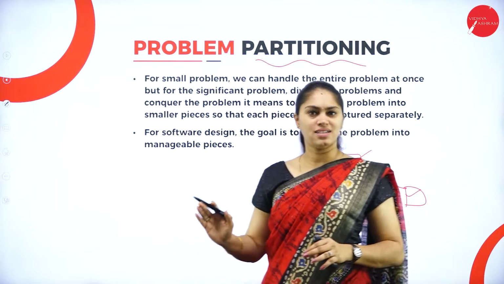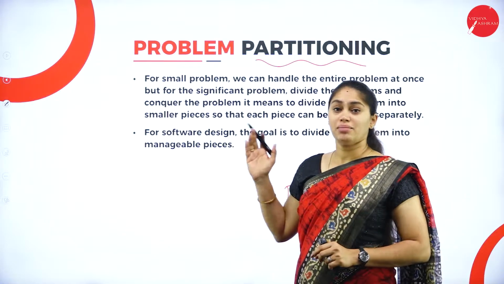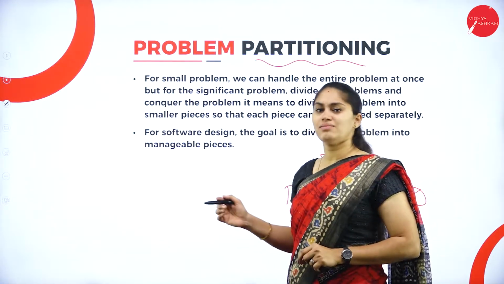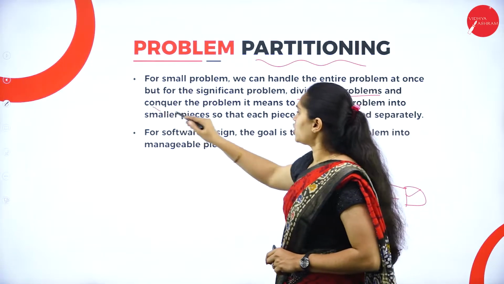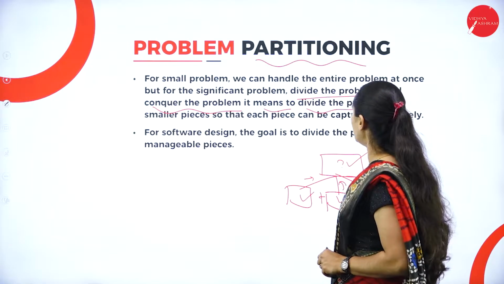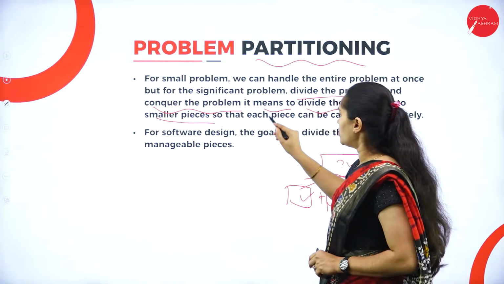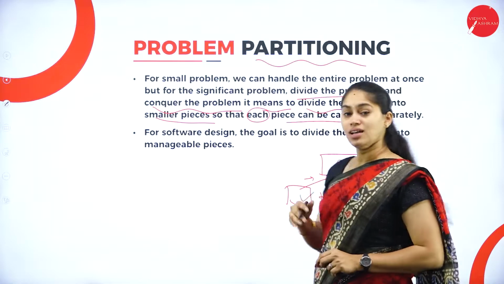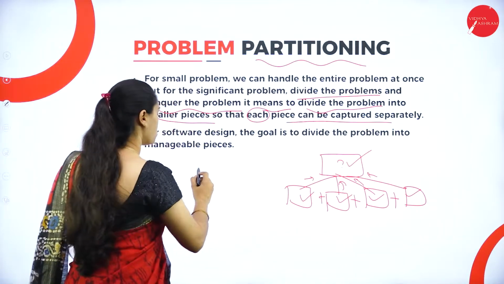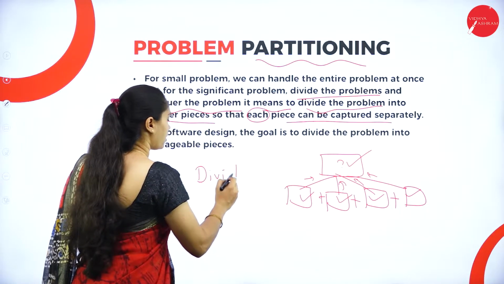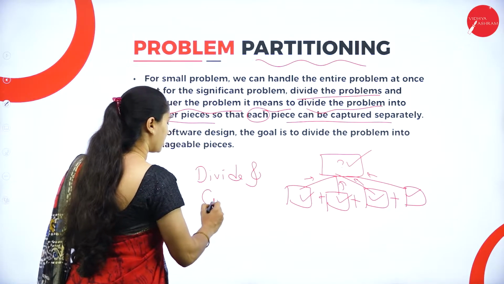Mainly, we should not consider a problem or a number of requirements as a single unit. It needs to be divided into a number of sub-problems. So, divide the problem and conquer the problem. It means to divide the problem into smaller pieces so that each piece can be handled separately. So, which method are we using here? We are using the divide and conquer method.